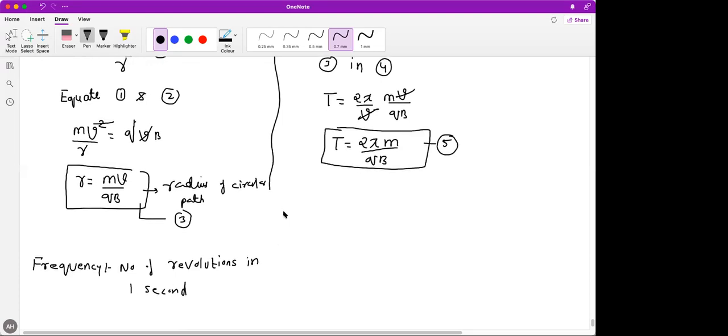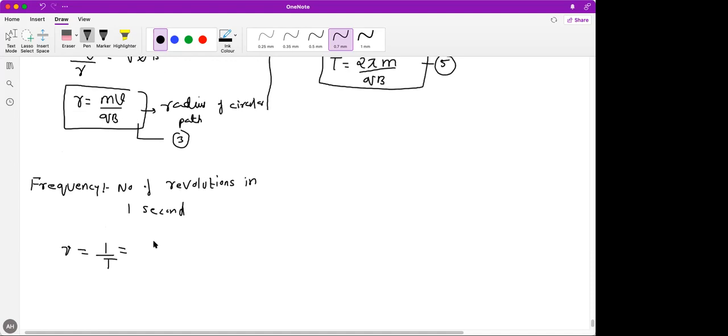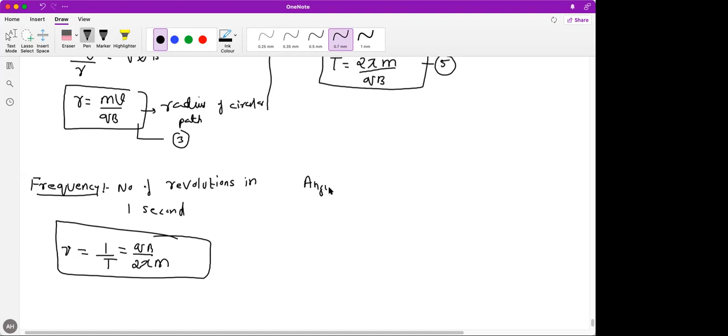If you have time period, you can easily calculate frequency. Frequency is 1 by time period. So it's simply qB by 2 pi. That's frequency. After frequency, you can also calculate angular frequency.